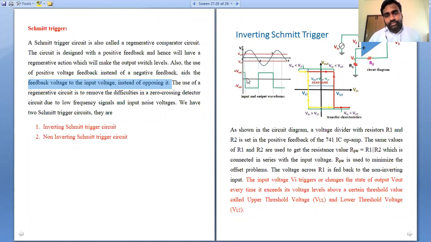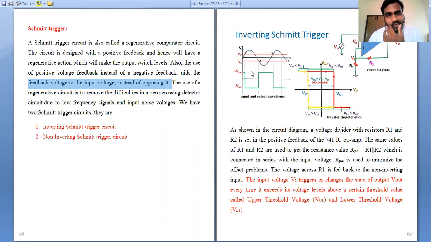At that condition, that is our second condition, the output is low, or minus VSAT. First condition: input voltage is less than upper threshold voltage, output is plus VSAT. Second condition: input voltage is greater than upper threshold voltage, we have the maximum voltage peak, so the output is minus VSAT.